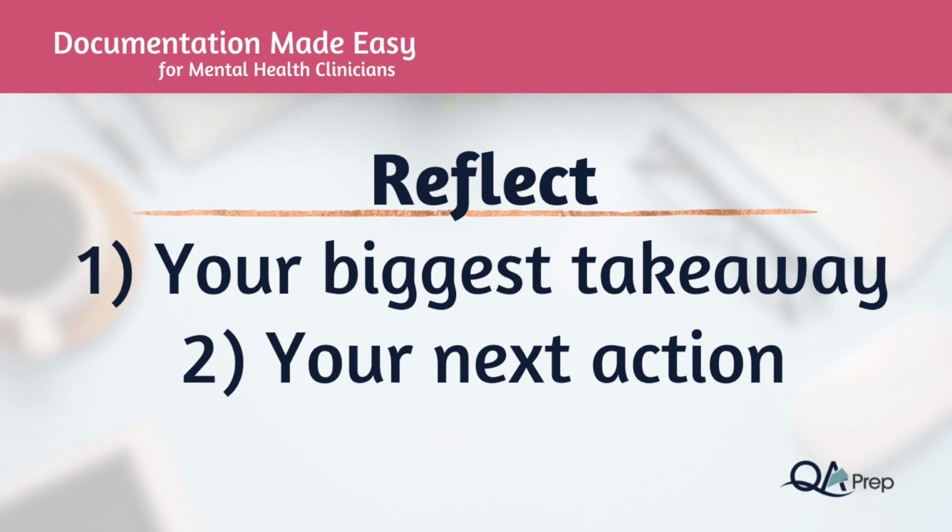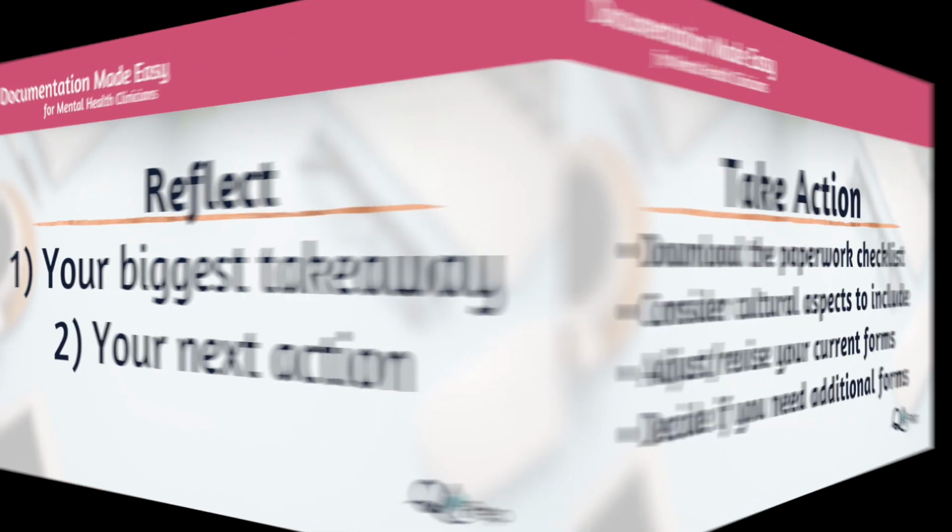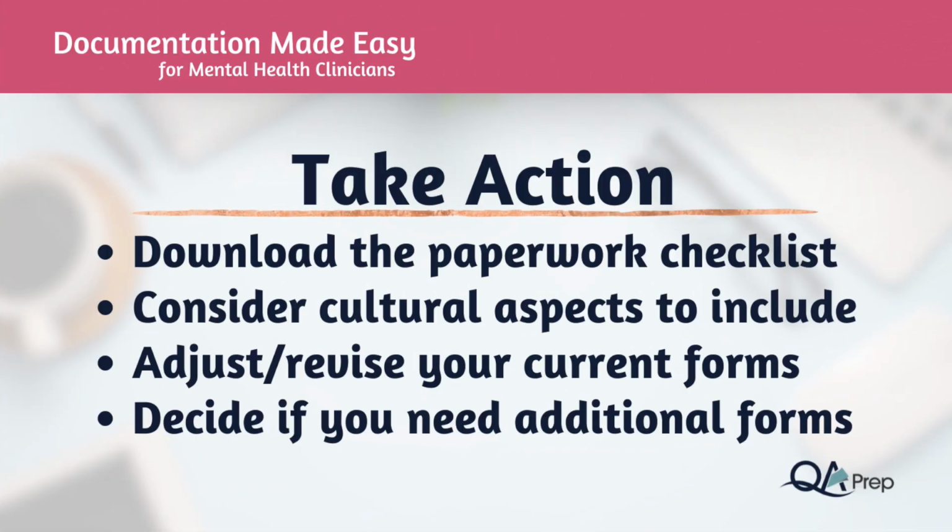Think about what was one of the biggest things, maybe an aha, that you got from this lesson, and what is the next action that you feel you need to take? So things that I recommend would be download the paperwork checklist, and then consider some of the cultural aspects that maybe are missing in your form, or even some of the personal aspects that are missing there.